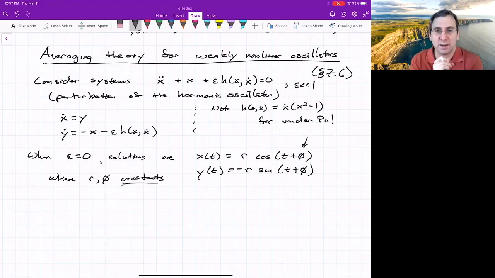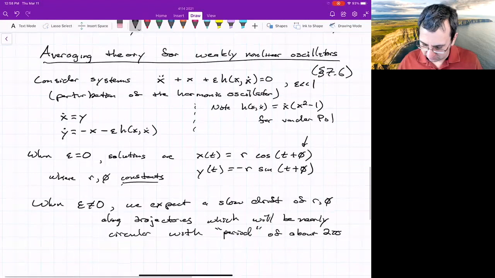Now, when epsilon is not equal to 0, just like we saw in the simulation for the van der Pol oscillator, we expect a slow drift of r and phi. But trajectories will be nearly circular. At each moment in time, they'll be almost circular with a period, almost coming back, of nearly 2 pi.